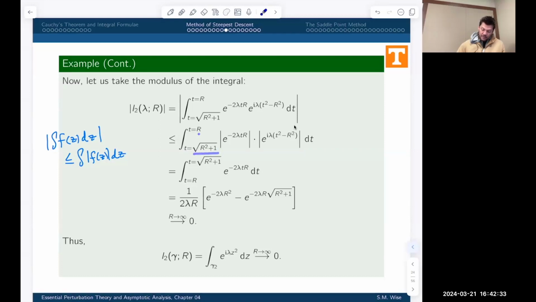So this part is correct, but this part is not.